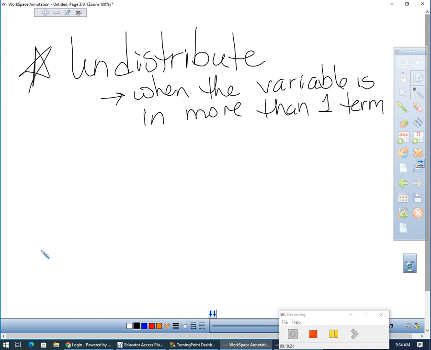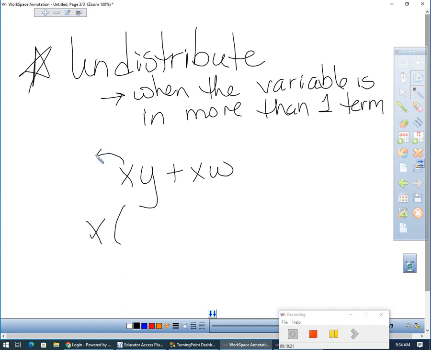So let's say we get to a point where we have xy plus xw on one side. We have x's in two different terms, and in order to get them by itself, we have to undistribute. So what we're going to do is take this x and put it in front of a parenthesis.